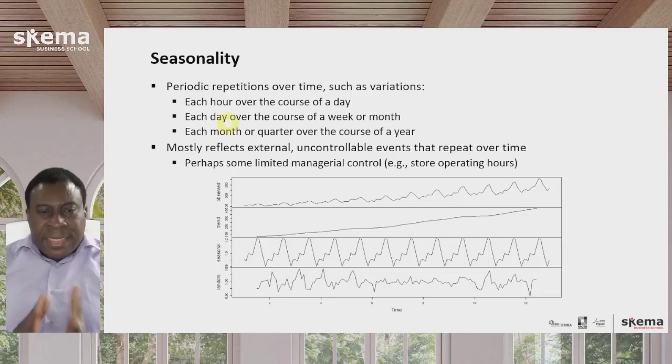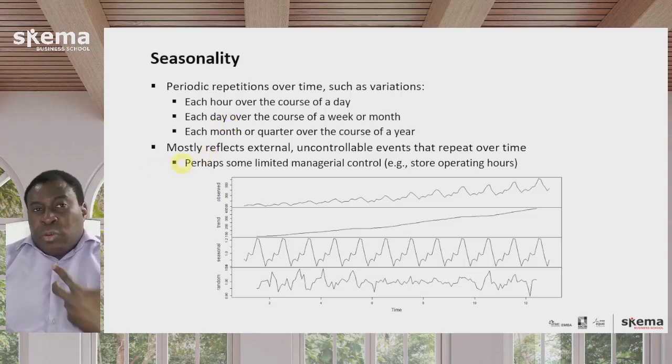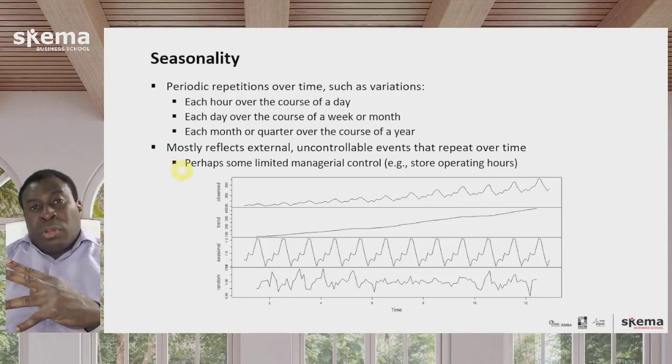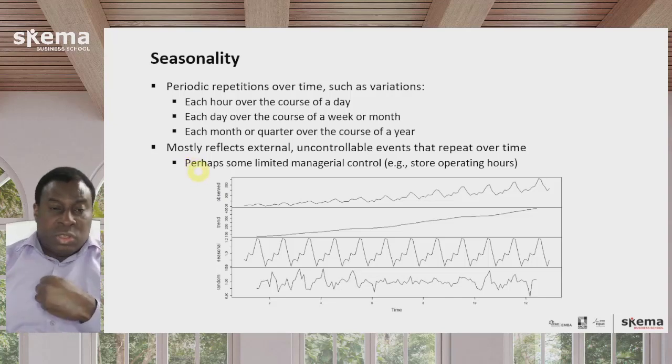However, there is some limited managerial control in seasonal factors, and that's mainly in foreseeing and responding to these factors. So, for example, you might not control your customers' working hours, but you can respond by matching your opening hours to the hours where people are more likely to be available to come to your store.